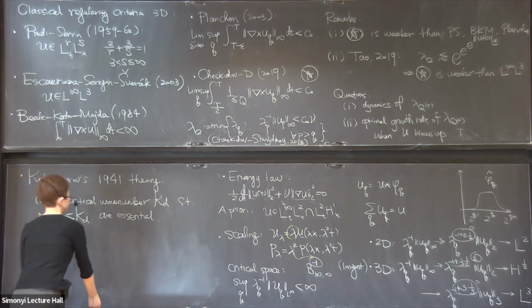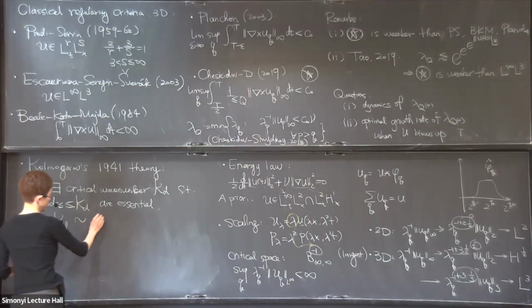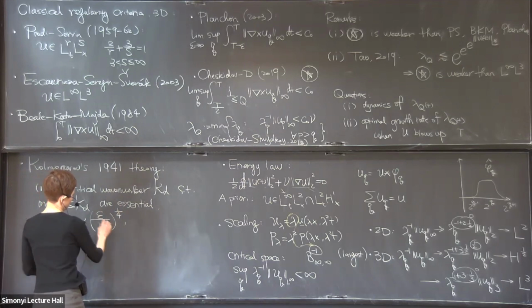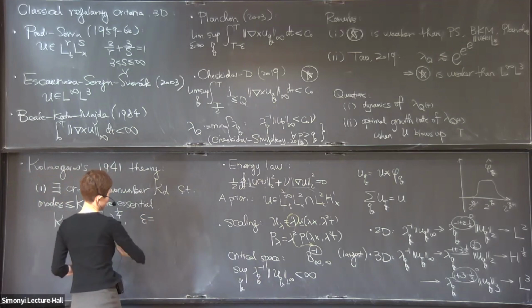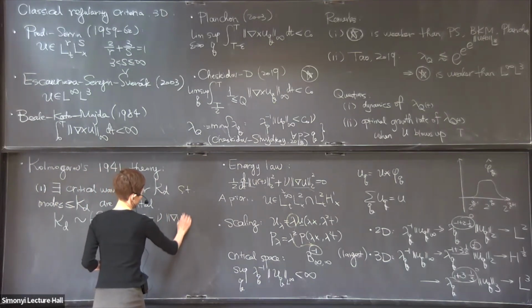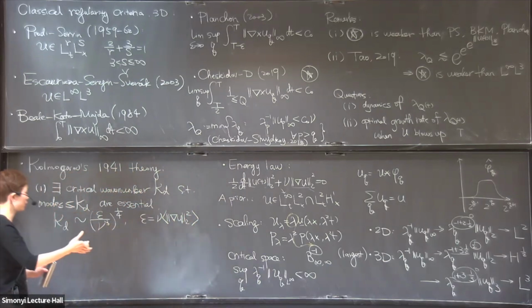By dimensional analysis, there is a scaling for this wave number, where epsilon is the average dissipation rate and the bracket denotes time average.